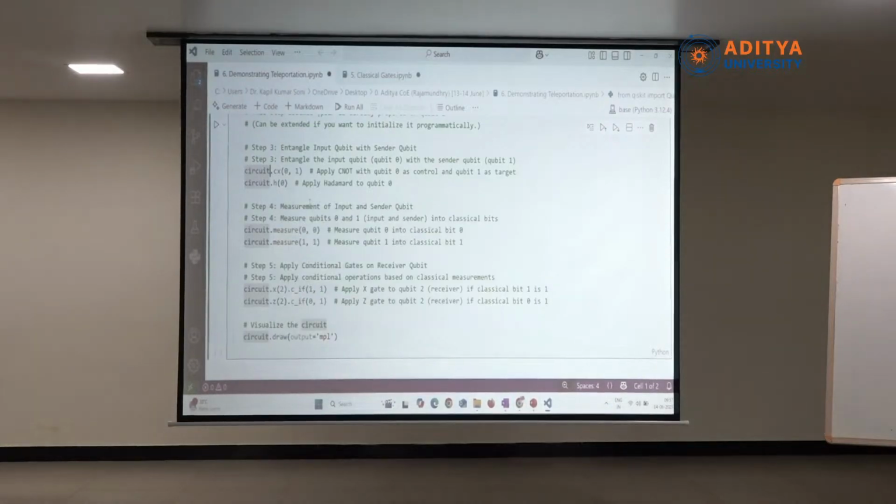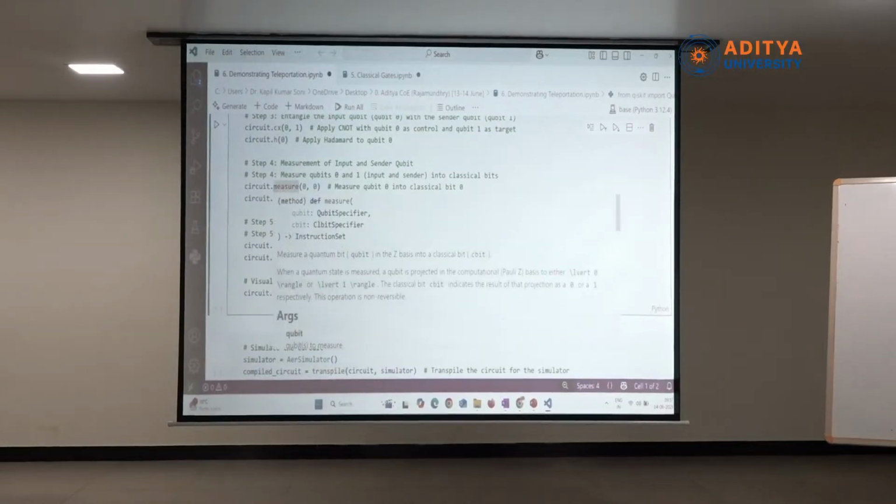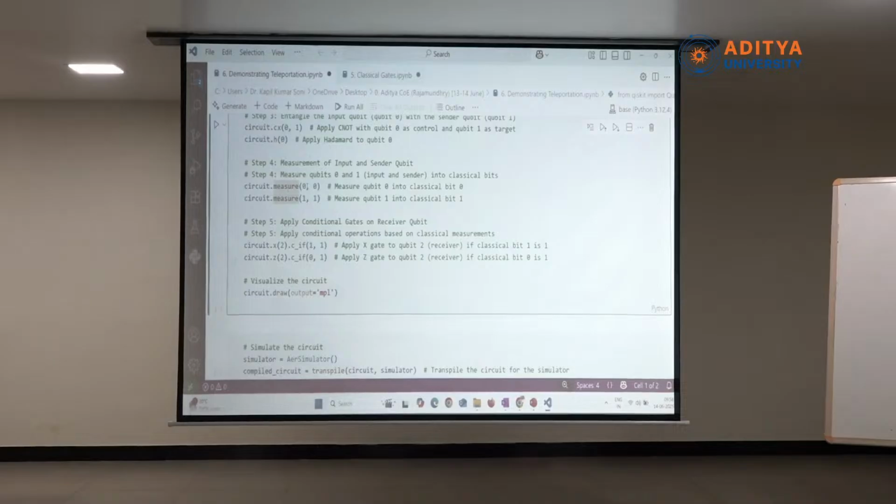So now the 0th index qubit is the control and the first is the target, to create an entanglement of the input information held by the sender, that it wants to teleport. Understood? Now followed by Hadamard. After that, this circuit is initially measuring the information.